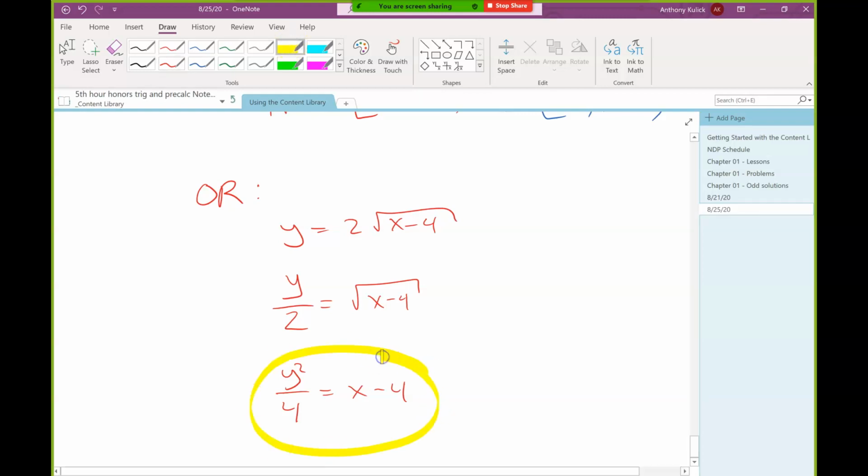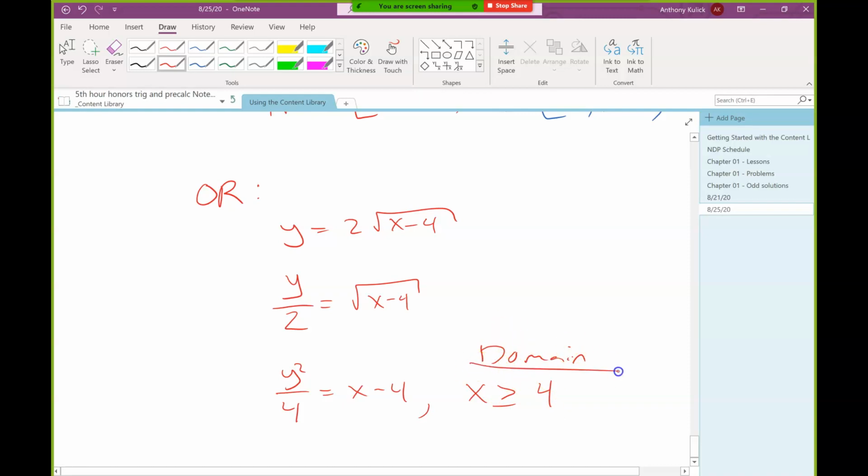What values of x can I plug into this? All real numbers, right? What values of x can I plug into that? Not the same thing, right? So here, when we do this, we have to also make sure that we're saying where x is greater than or equal to 4. This was from the domain, right? Everybody agree with that?